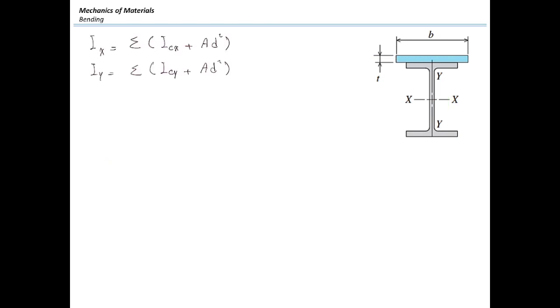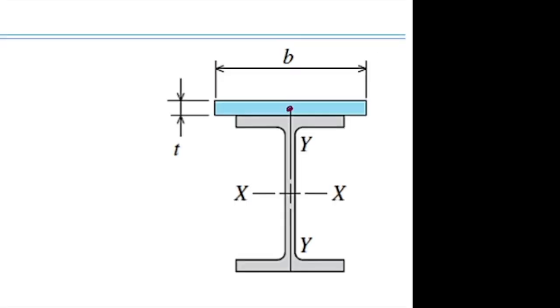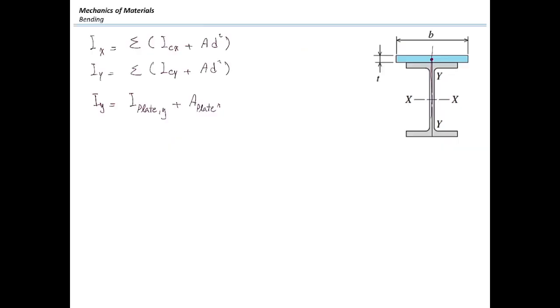For this problem, first I'm going to determine how much is the moment of inertia about the y-axis. I about the y-axis is the moment of inertia of the plate plus the area of the plate multiplied by distance squared. How much is the distance here? Let me show it to you here. I want to determine how much is that distance from the y-axis. It is 0. So that would be 0 squared.